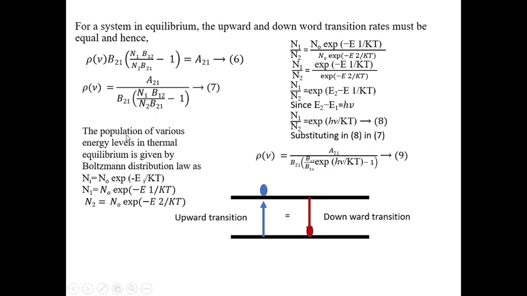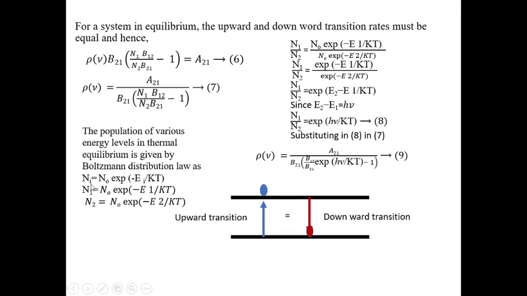The population of various energy levels in thermal equilibrium is given by the Boltzmann distribution law. According to the Boltzmann distribution law, how the particles are distributed in different energy levels depends on this equation: Ni = N0 exp(−Ei/kT), where i equals 1, 2, 3 and so on. i means the first energy level, 2 means the second energy level.